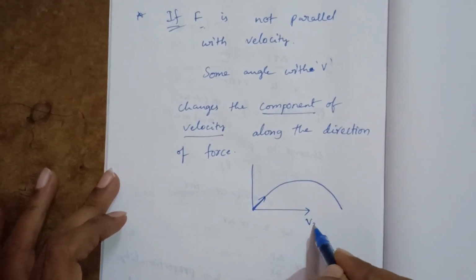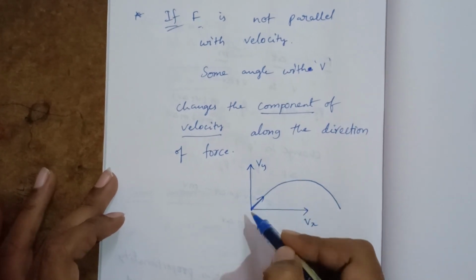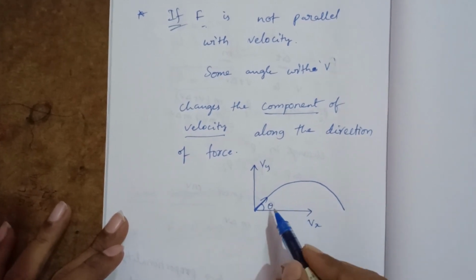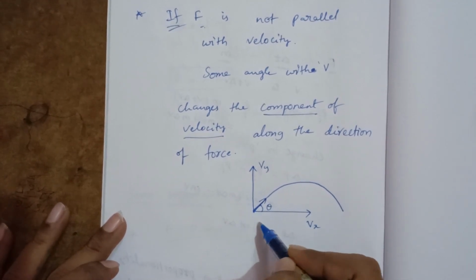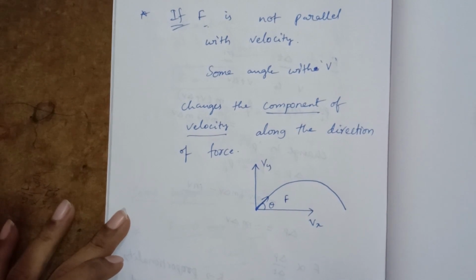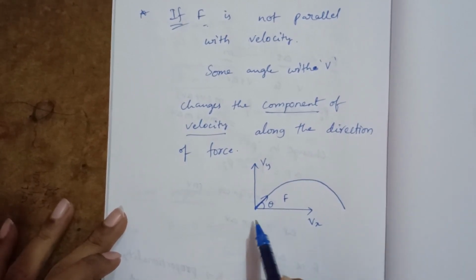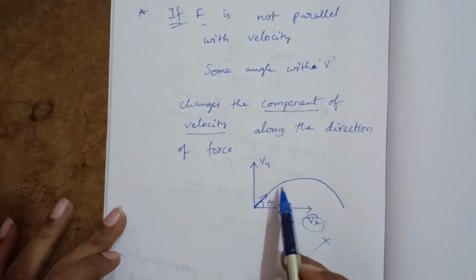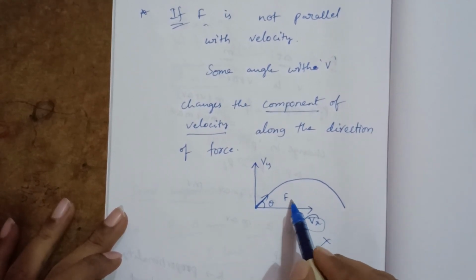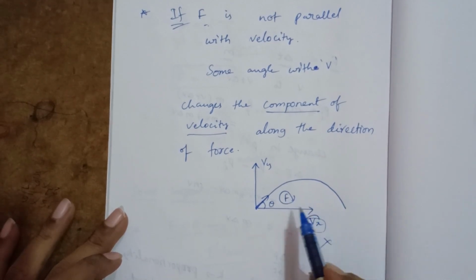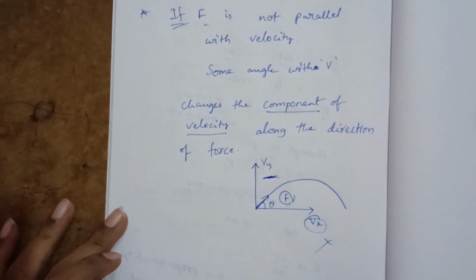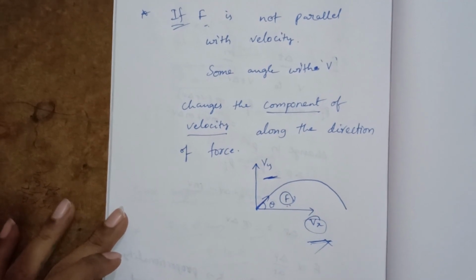Now there is velocity along the x-axis and velocity along the y-axis. In projectile motion under the vertical gravitational force, the force is acting in the vertical direction, so the vertical component of velocity will change, while the horizontal component of velocity remains unchanged.